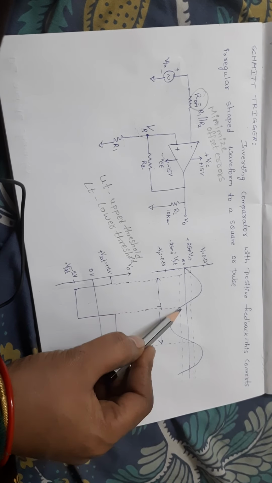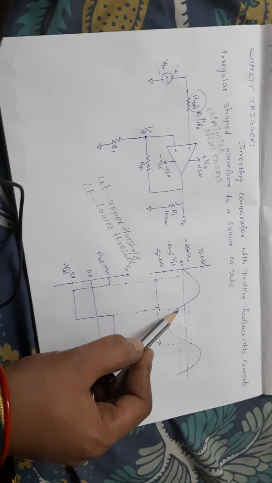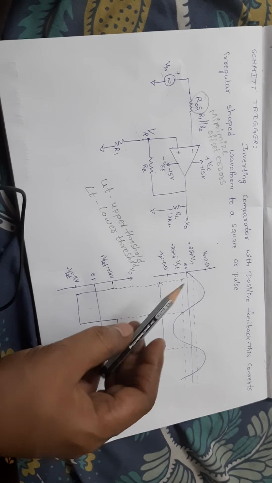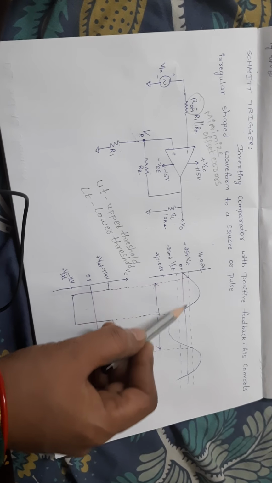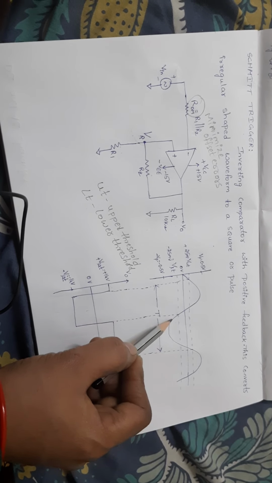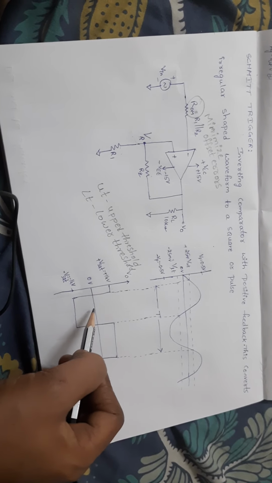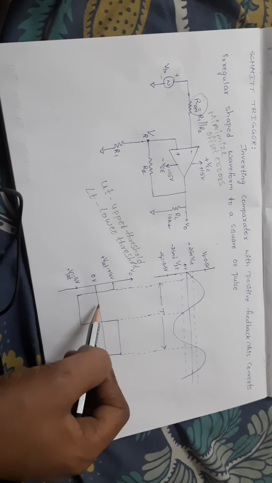And for the lower threshold, whenever the input VIN is more negative than the lower threshold, then the output immediately changes to plus Vsat. So depending upon the upper and lower threshold voltages, the output will be changing between plus Vsat and minus Vsat.